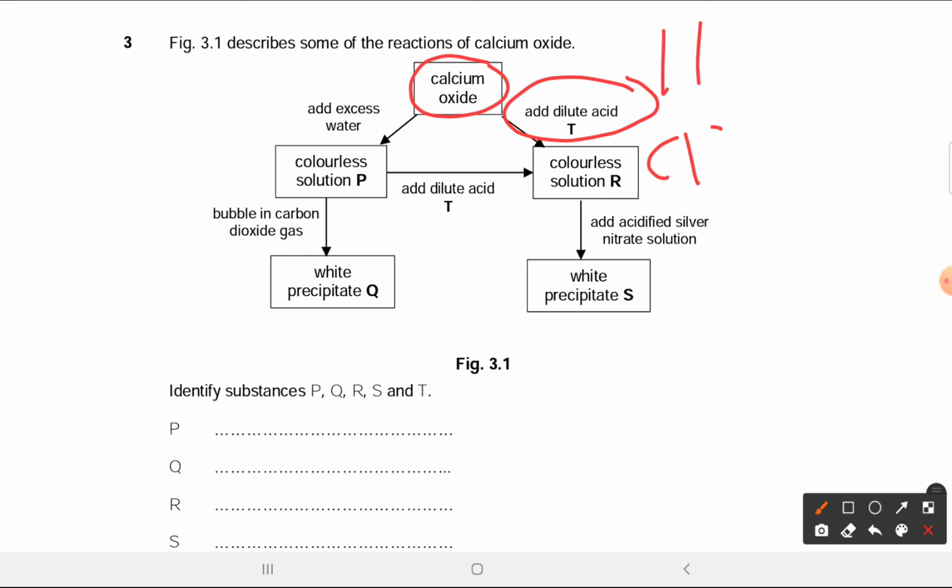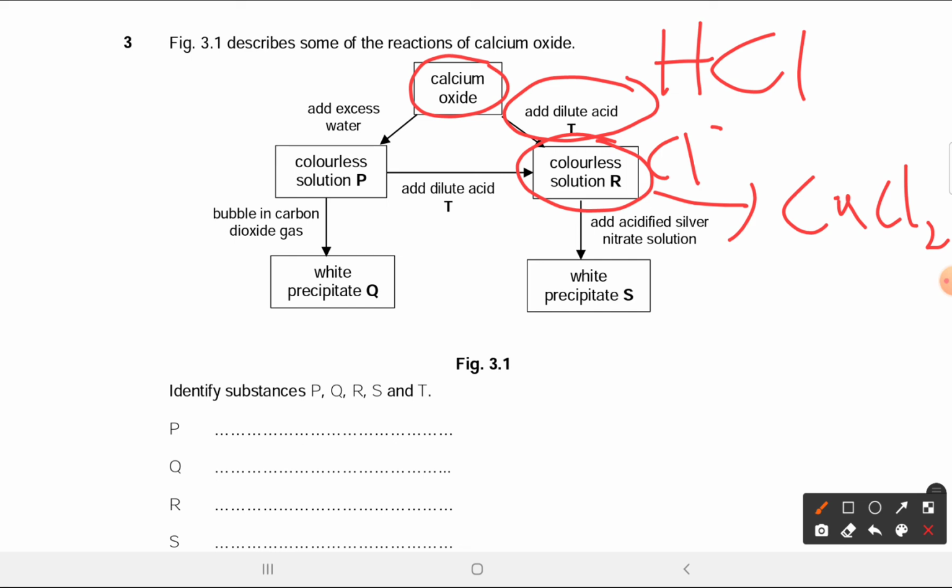That's hydrochloric acid, HCl. Calcium oxide reacts with hydrochloric acid, so that's acid base. Calcium oxide is a base. Acid base reaction, you get salt and water. So which means that your R is calcium chloride.